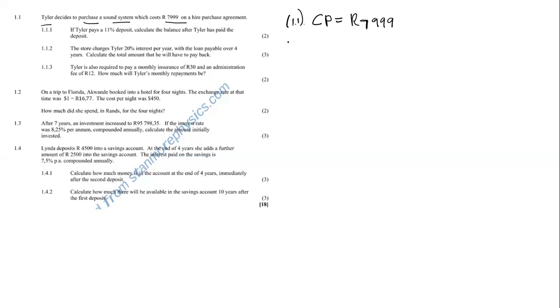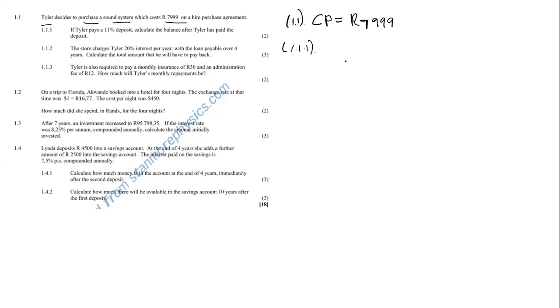So number 1.1.1, it says to us, if Tyler pays 11% deposit, calculate the balance after Tyler has paid the deposit. So now this question, for 2 marks, actually wants us to determine the balance that's going to be left after Tyler has paid the deposit of this amount.